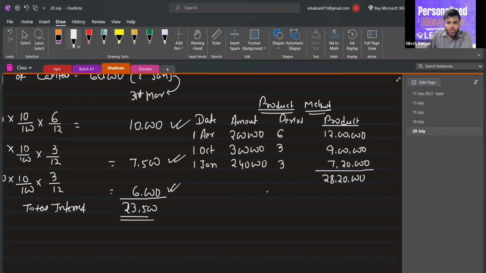Now on 28 lakh 20,000, we will calculate interest at the same rate, so into 10%. But we will calculate interest for only 1 month. Always in the product method, we calculate interest for 1 month only.